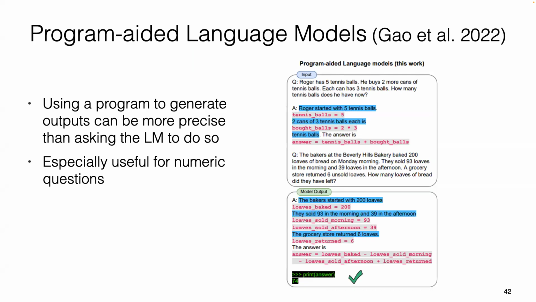So another thing you can do is prompt the model to generate code. So here we're again solving the math problems, and it writes out its reasoning as code. And then the key difference here is that you can actually then execute the code. And so the model doesn't have to actually, internally, do the arithmetic or do the operation that the code is doing.